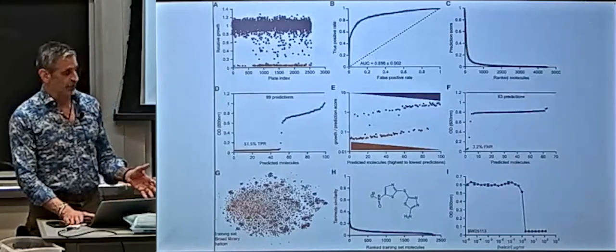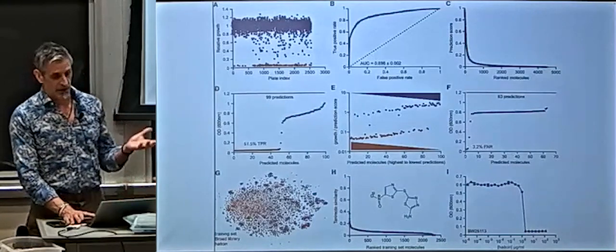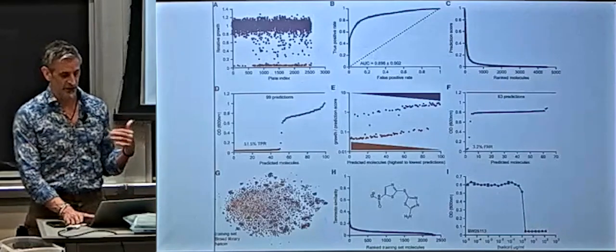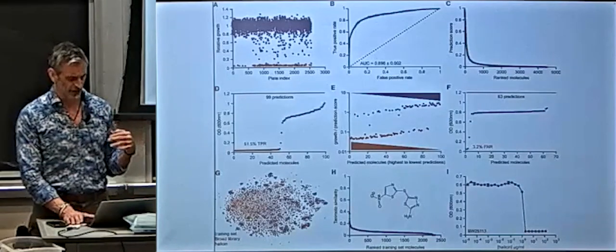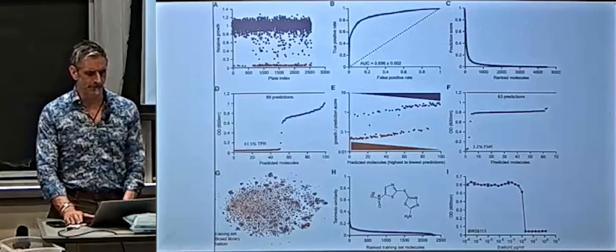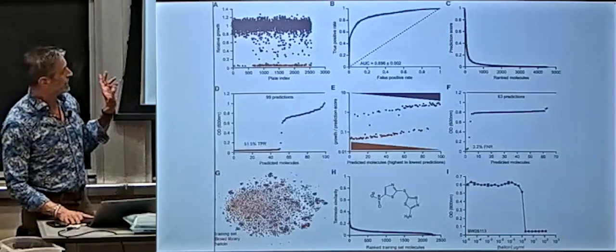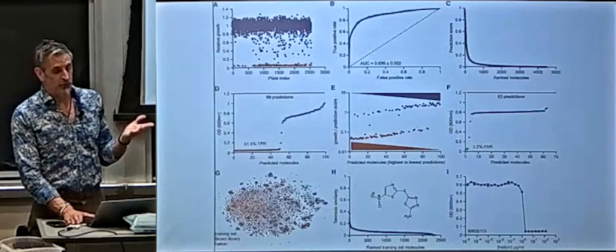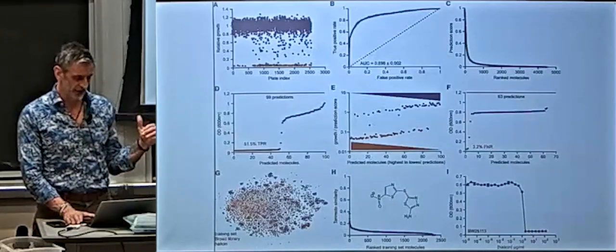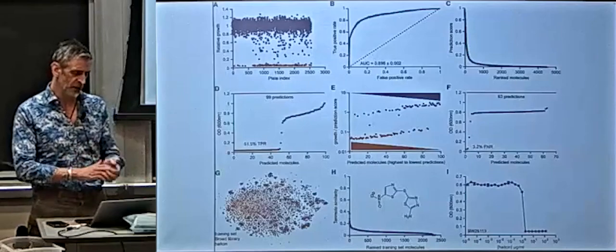And essentially what they did is they took all the molecules and then looked at how they inhibited the growth of E. coli. And you can see over there in panel A, the blue ones don't inhibit E. coli because they drew the threshold that it has to grow at least 5 times slower.